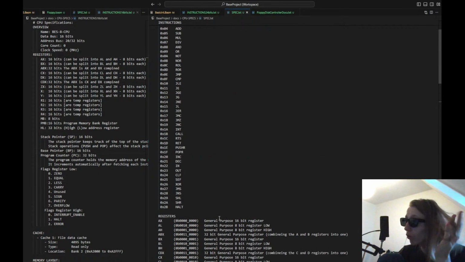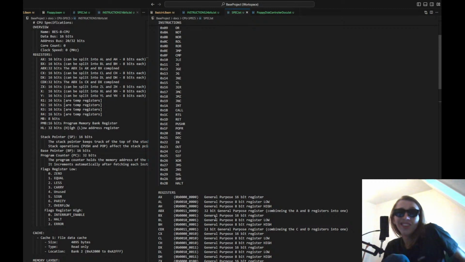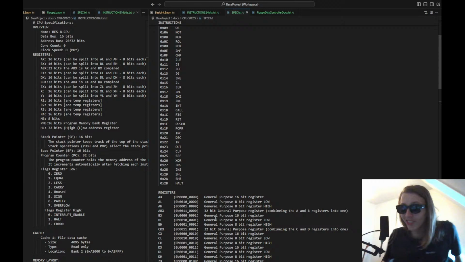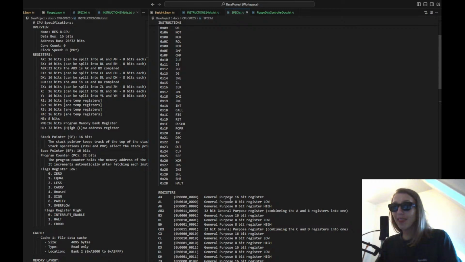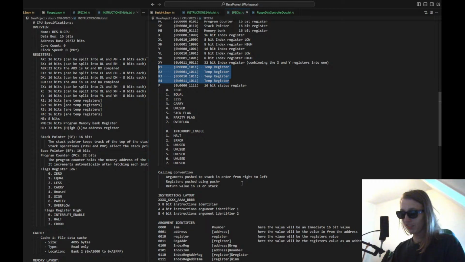So we really need to cram a lot of things now into just 8 bits of storage. Because we only have 8 bits of storage, so we need to cram a lot of things into 8 bits.